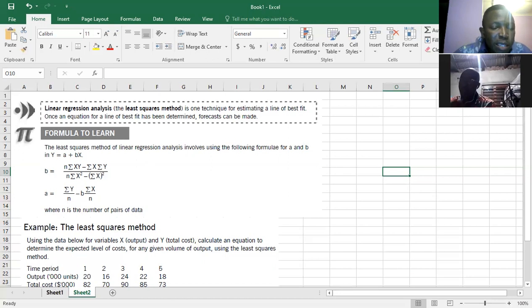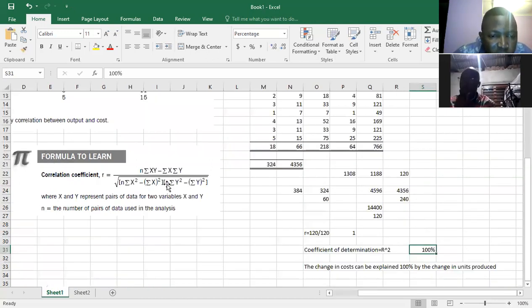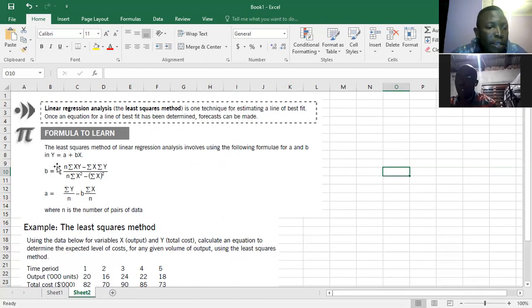So you notice that in this formula we remove the y part and we remove the square root. That's the difference. Then whatever we remain with is what we use. Now, this formula is used to find b, the number attached to x. Then when we have found b, we will use it to find a, the constant.